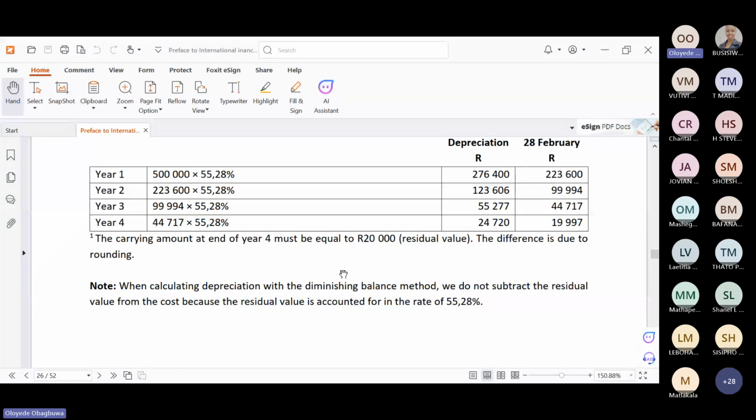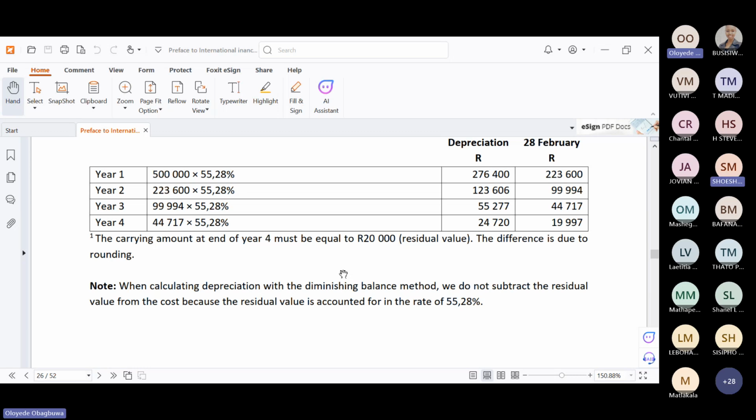For the straight line method, what you need to know is the cost less residual value divided by the useful life. But that does not mean that the questions will always contain a residual value. The moment the question has a useful life, that is what you use, because with the reducing balance method, they may not necessarily mention the useful life, but there may be a way to determine how many years we are calculating.